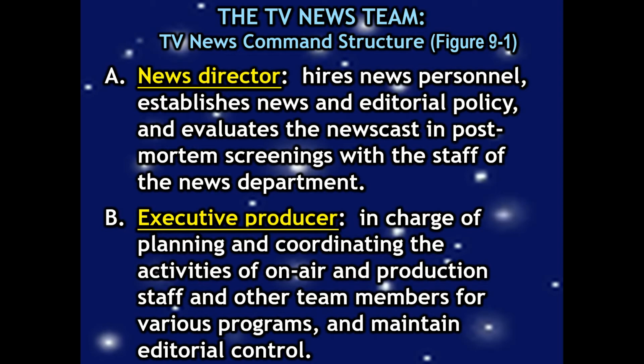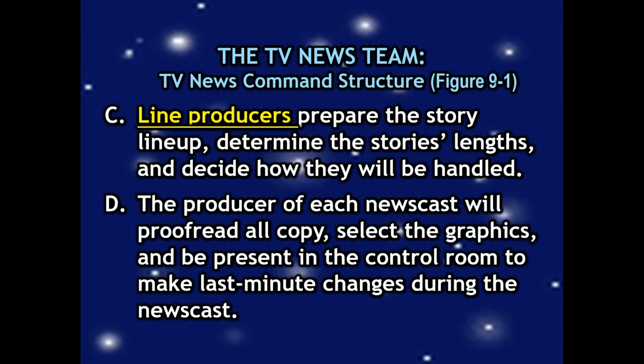Also, this person maintains editorial control, basically deciding which stories will make it onto the air and which ones will not, and if there's any ways that a certain story is going to be written or delivered, the tone at which that story is going to be told. Ultimately, that is the role of the executive producer to determine those things.